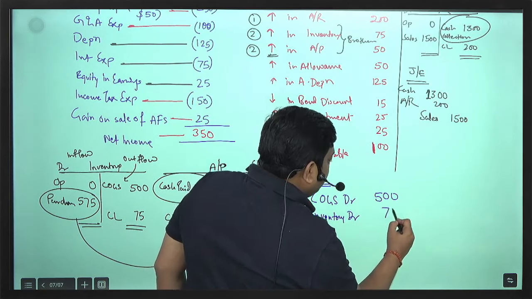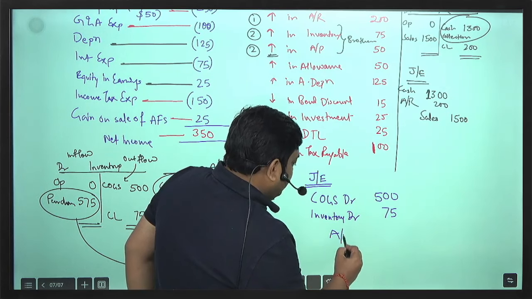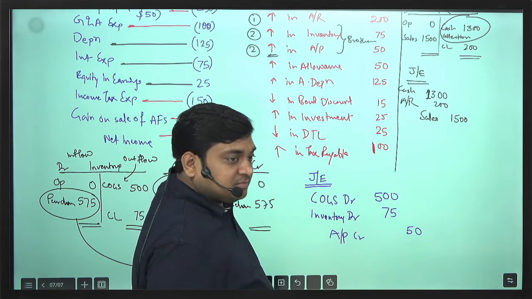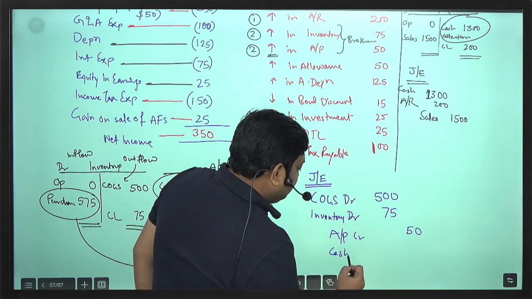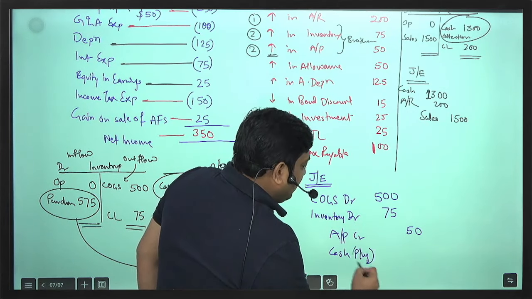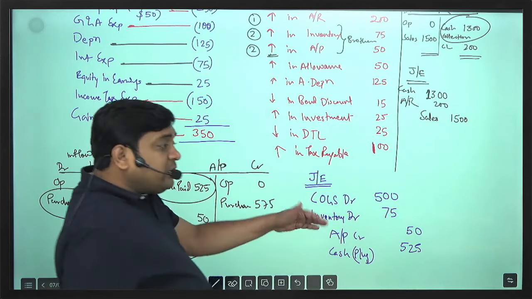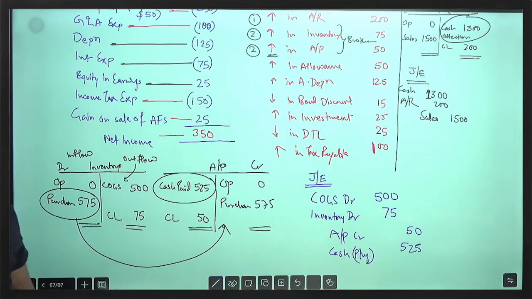Debit 75. Accounts payable has increased or decreased? Increased, and accounts payable has a credit balance. So AP will be credit 50. Difference is what? Cash plug 525. So I can do it this way, na? I can do it this way. What's the problem?